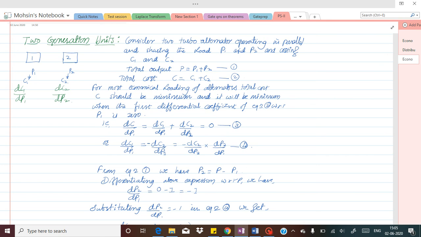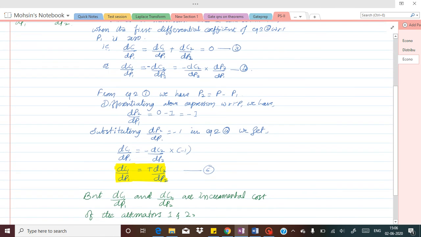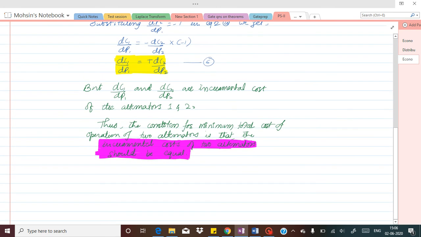The condition at which the cost will be minimum can be obtained by differentiating with respect to a variable of the plant, which is nothing but the power. We took the power of the first unit as P1, which is why we took dC by dP1, the total cost with respect to P1. Then we obtained the condition that the incremental cost should be equal for both the units.